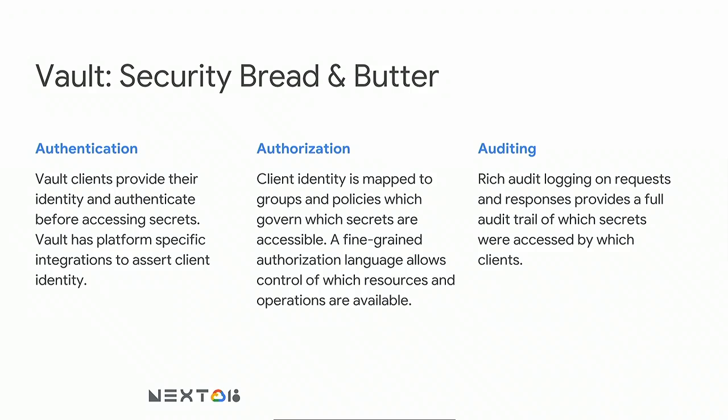So there's a central way in Vault where you authorize who's allowed to do what. One huge goal with Vault is how do we get to least privilege? You should only be able to access exactly what you need, not everything because you were able to log in. So Vault has a very fine-grained Auth-Z system that lets you scope down who can do what based on their identity. And then lastly is rich auditing. We want to have that audit trail of who did what when.